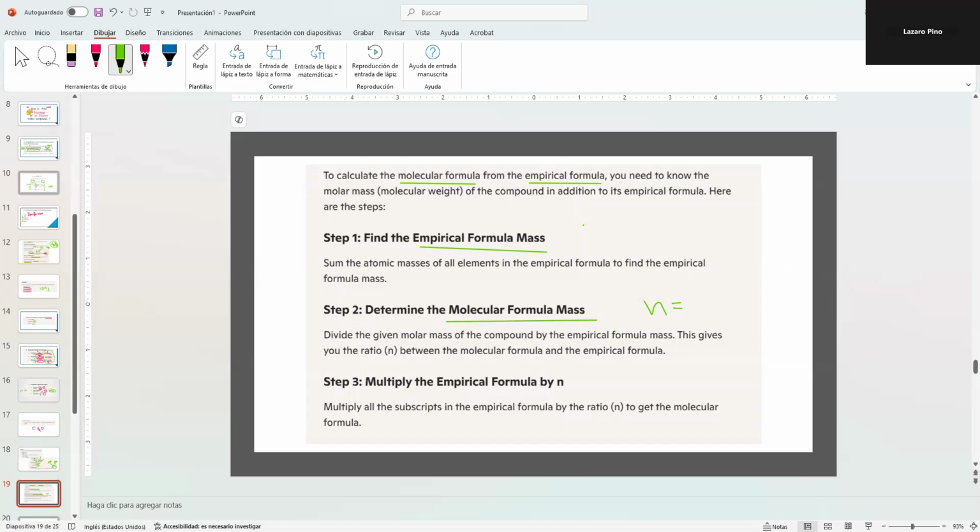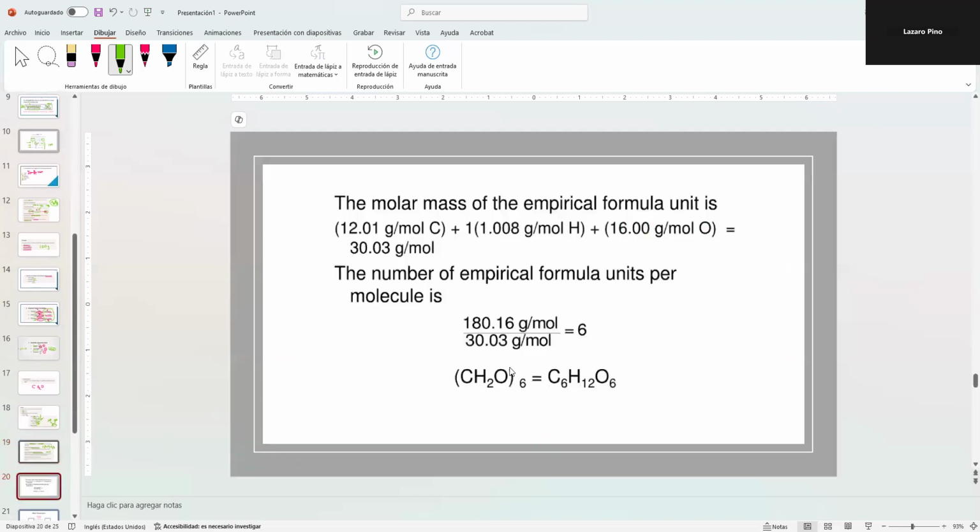For example, if the empirical formula is A2O and N is 6, then the molecular formula will be the empirical formula multiplied by 6, then it will be A12O6.